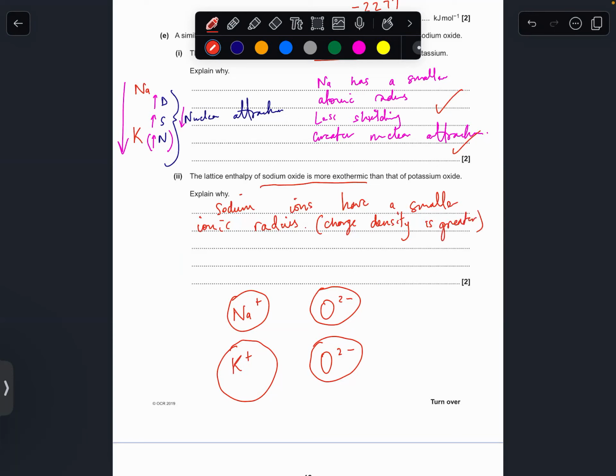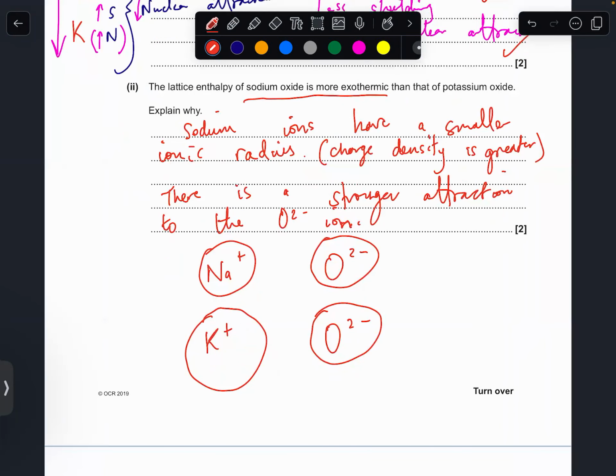And because that charge density is greater, there is a stronger attraction to the oxide ion. The attraction there is going to be greater than with the potassium.